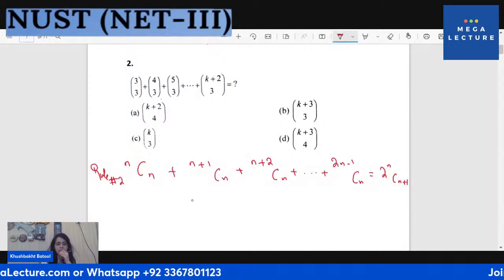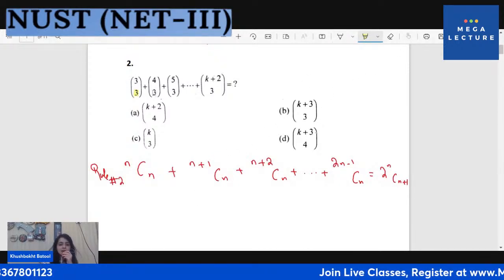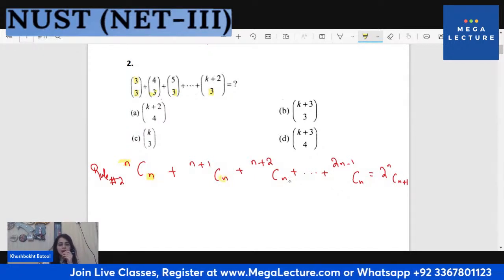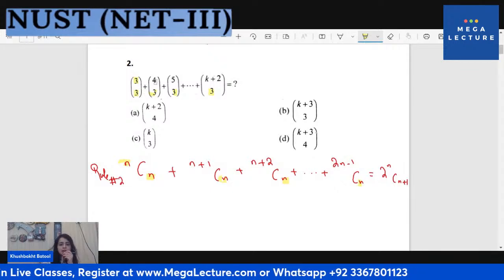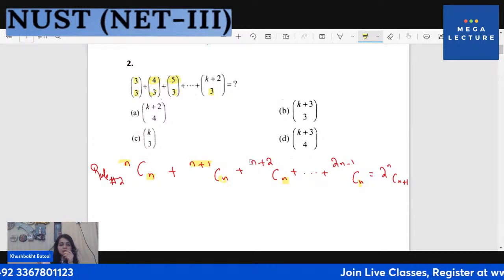Now, why am I using this rule? What is the link? I can see that these numbers are same and this number is same. So nCn, and then we have n's everywhere, and then this number is increasing by 1. So we have 4 here, this is n plus 1. We have 5 here, this is n plus 2.